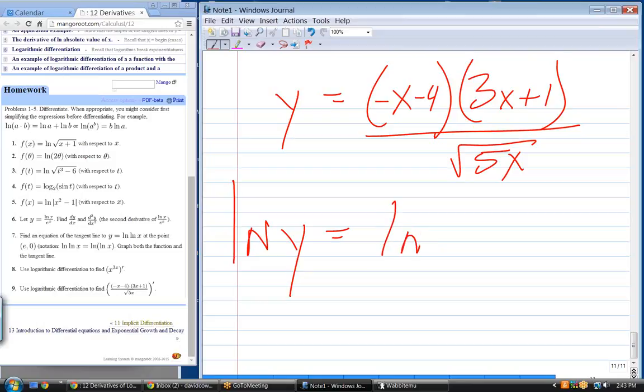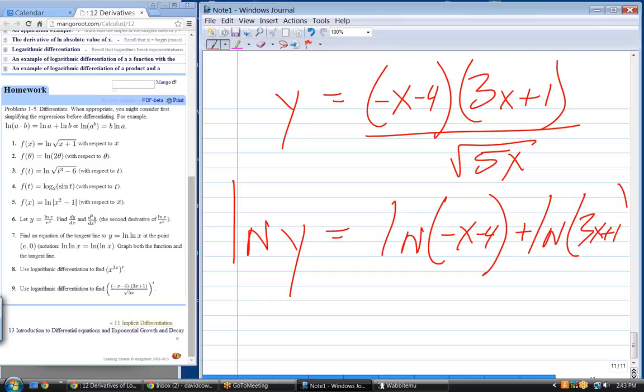In other words, I'm going to take the natural log of that plus the natural log of this minus the natural log of this. Okay. So far, it's not clear why this is easier, but bear with me.